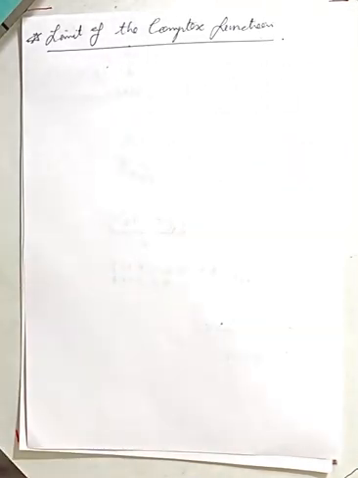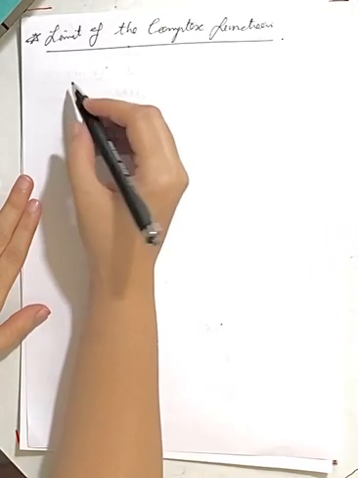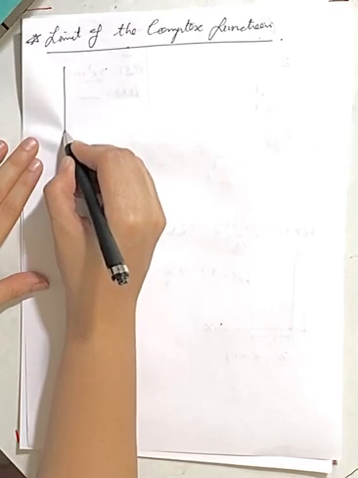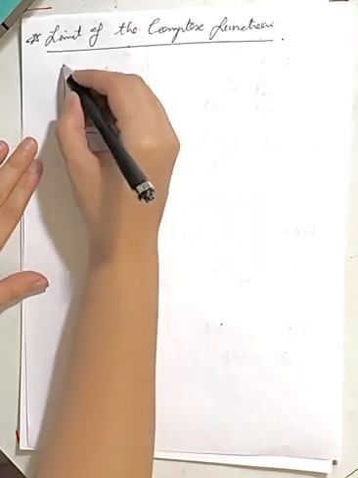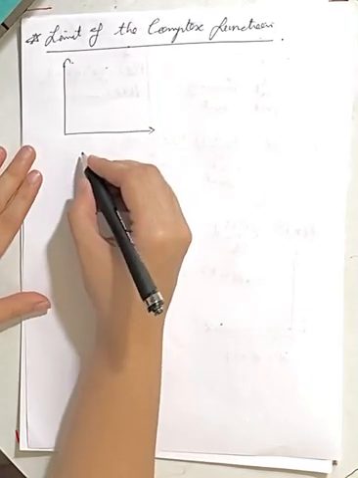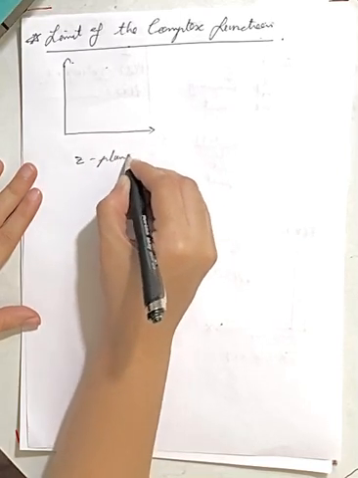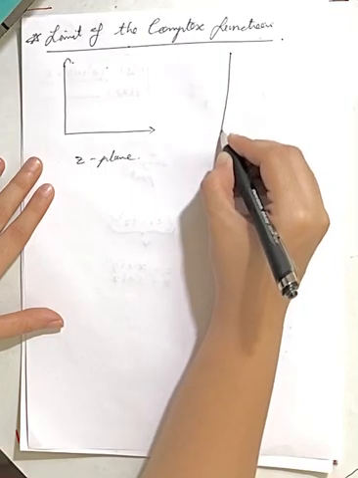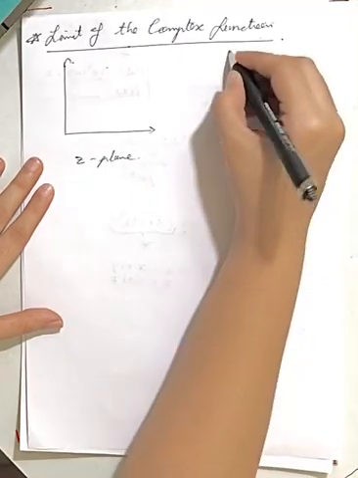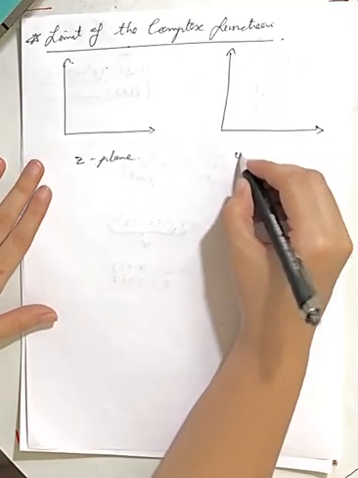In the limit of a complex function, we take two planes. One is called the z plane, and the other is called the w plane.